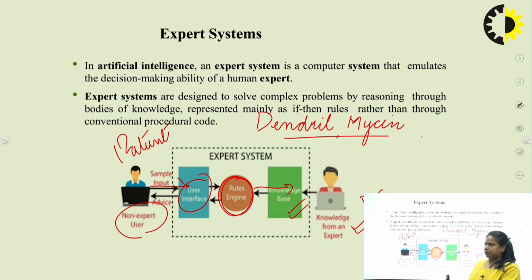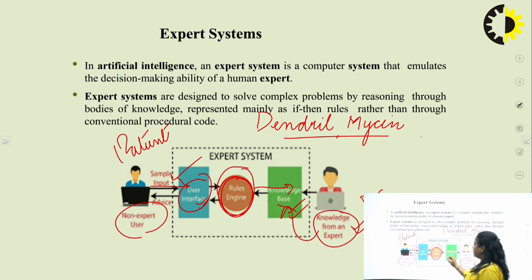Similarly, the expert system works. Whatever inputs you give, it will put onto the user interface, and by using its own knowledge in that expert field, applying those certain rules, it will generate advice on how you have to work in that system. This is called an expert system.